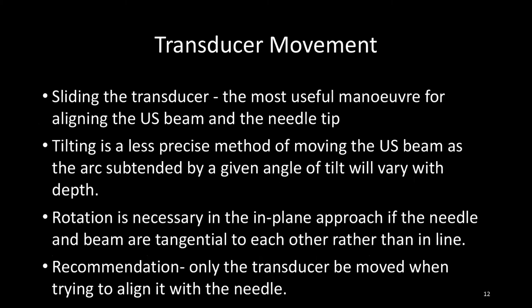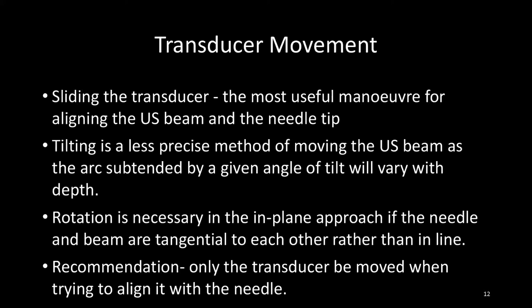Then coming to the second phase of optimization, we can always use small transducer movements, which we discussed earlier, like sliding, tilting, and rotation, to get a better needle beam alignment. Generally, sliding is the best maneuver used to align the ultrasound beam and the needle tip.